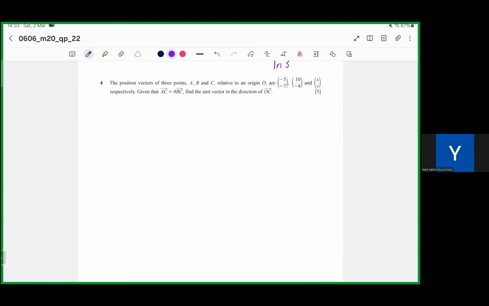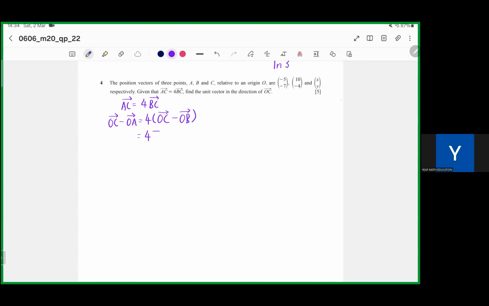What we need to do is write this down. We get OC minus OA equals 4 bracket OC minus OB.